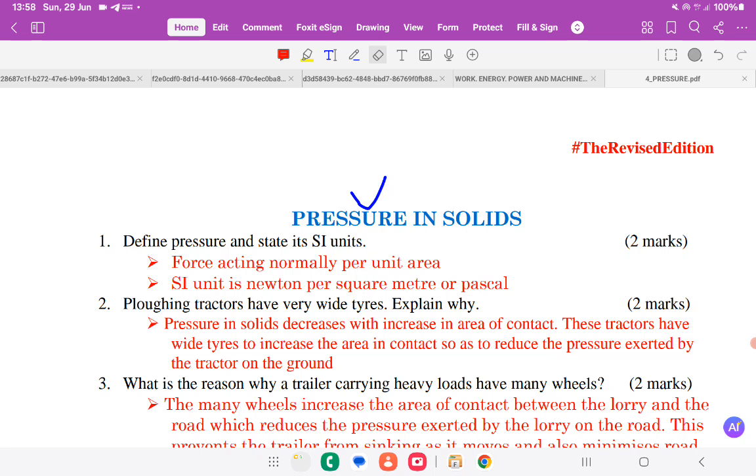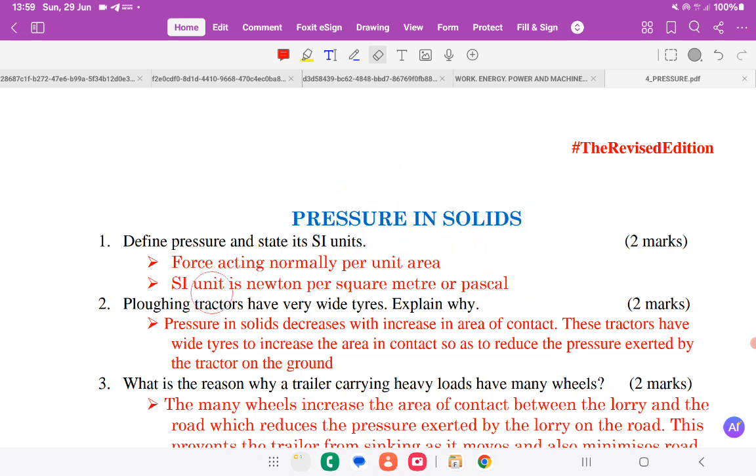Remember that pressure, P, is force divided by area. So the definition of pressure is force acting normally per unit area. That's the definition of the term called pressure.